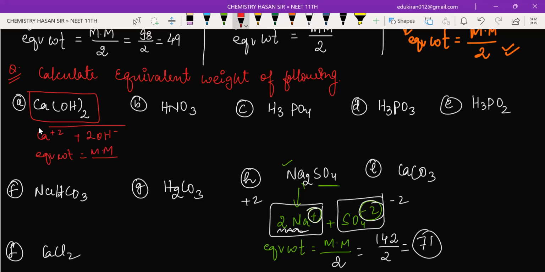What will be the value of X? X is how many OH- it gives, which is 2. The molar mass is 74 divided by 2, which comes out to be 37.